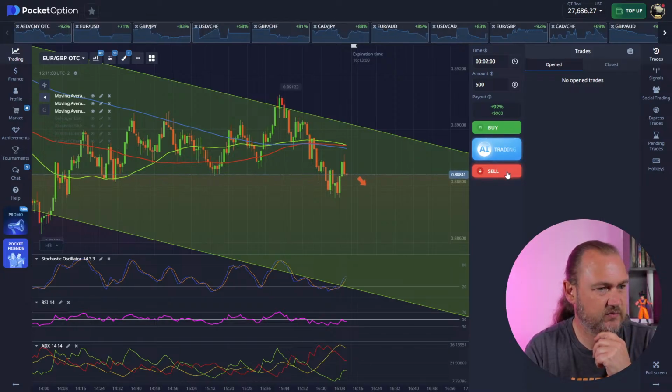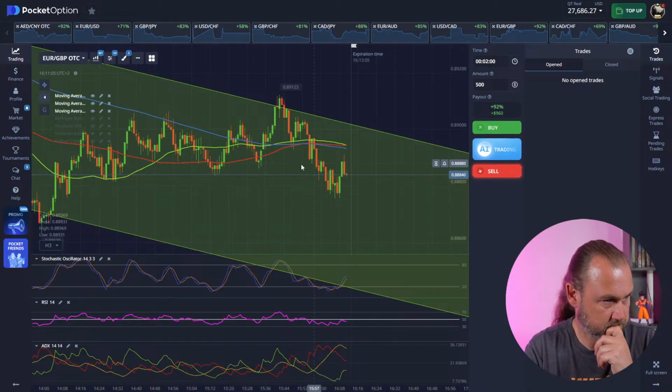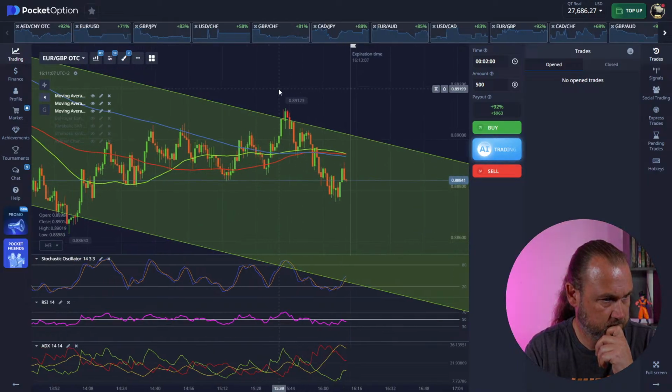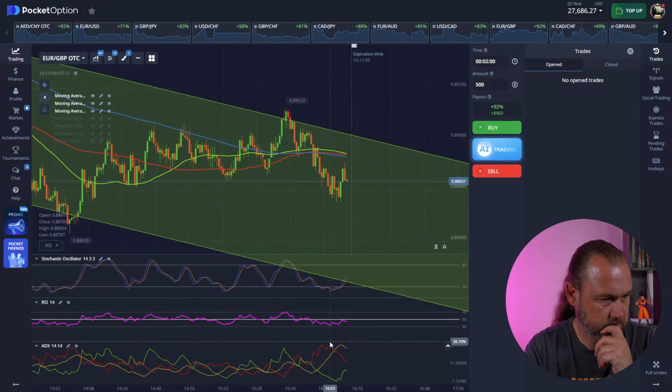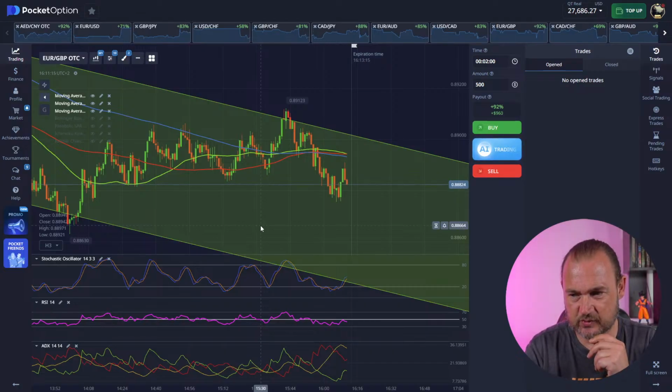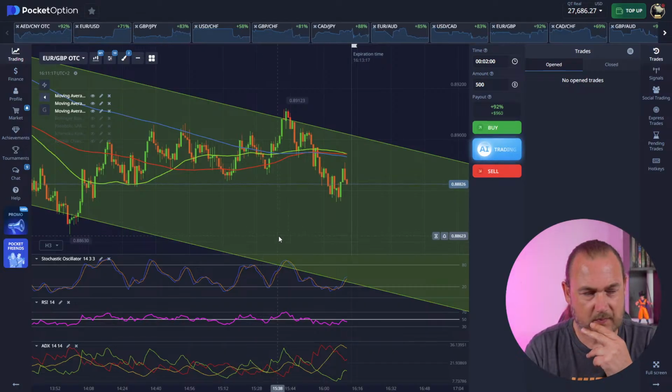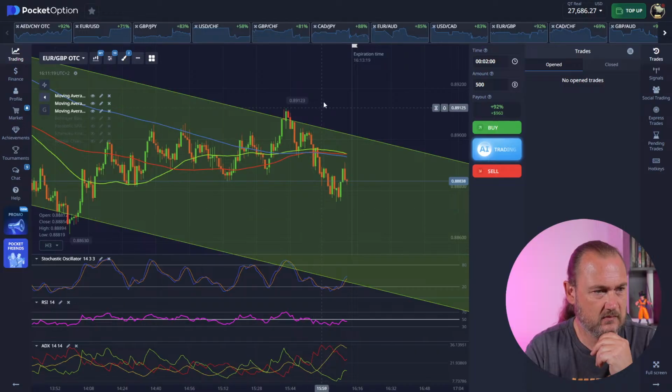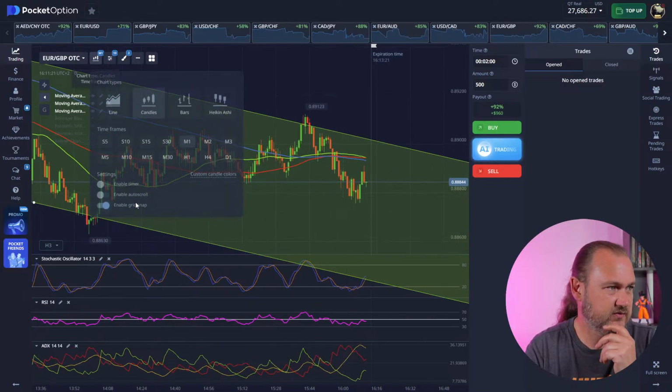I am very tempted to take a sell trade here. And ADX also started dropping. I think I hesitated a little bit too much at the moment. That's fine. Let's go to a different asset.